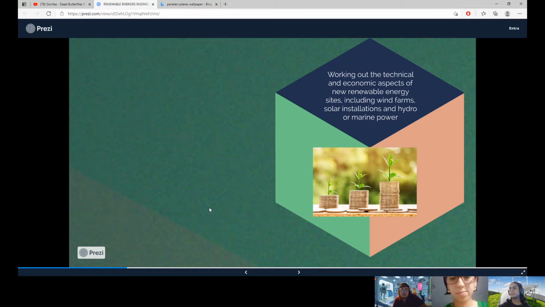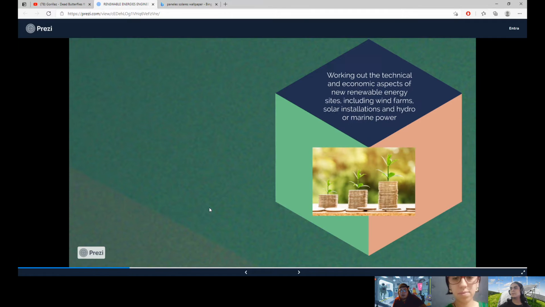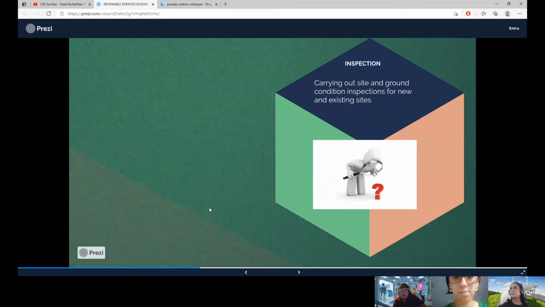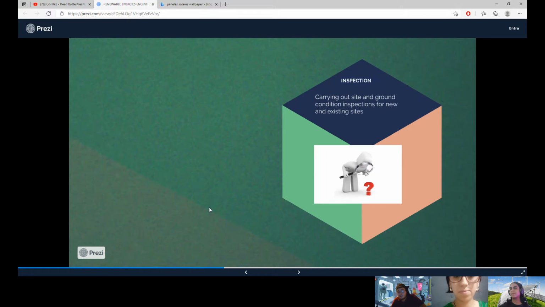And also, once they are working, it's always necessary a continuous maintenance to prevent future inconvenience. This could be either just visual or be monitoring software to check temperature and status. And inspection. Carrying out site and ground condition inspection for new and existing sites. Next, please.